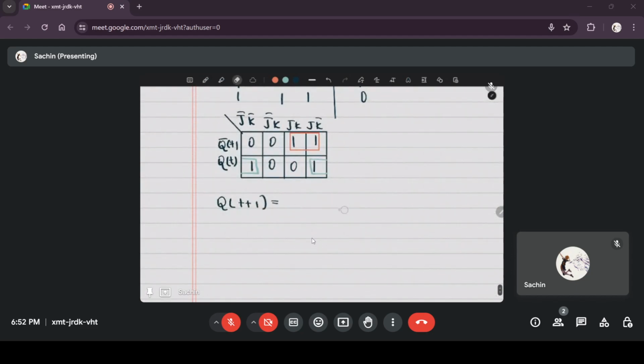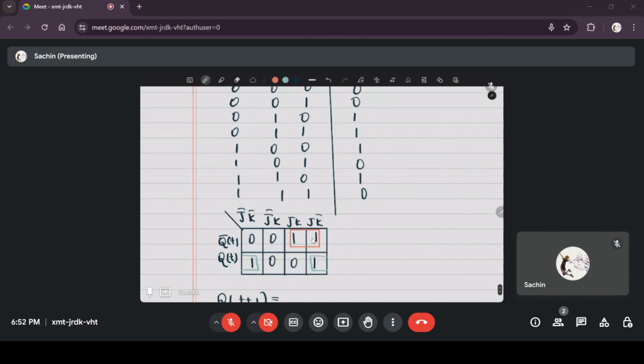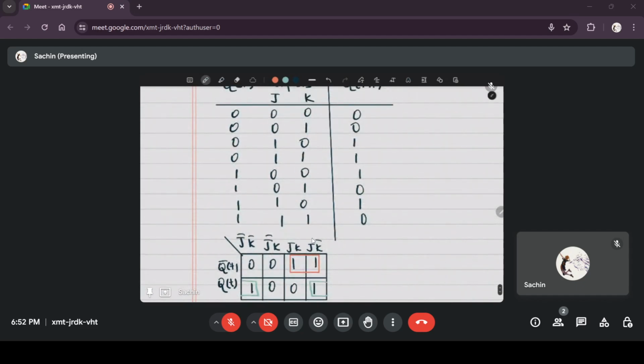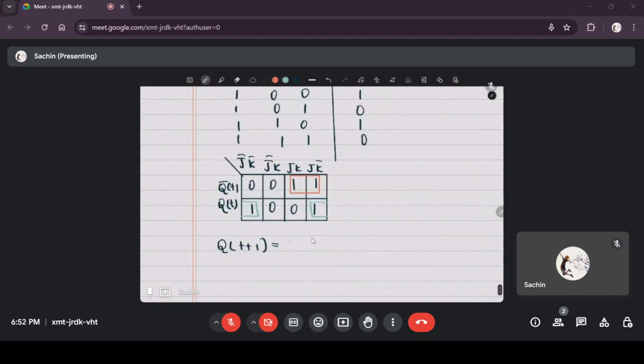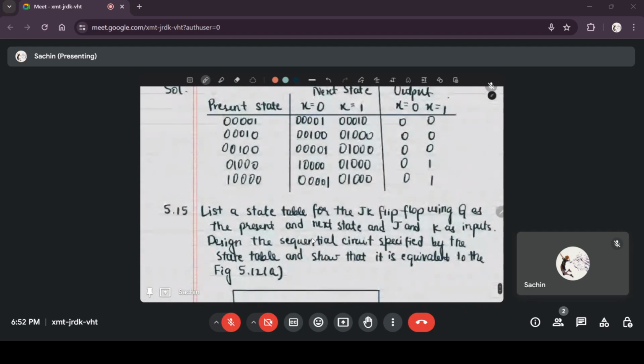So the expression is actually J Q bar of T plus K bar Q of T. So that is what is given as the input to the D flip flop.